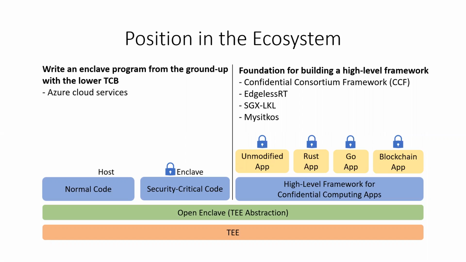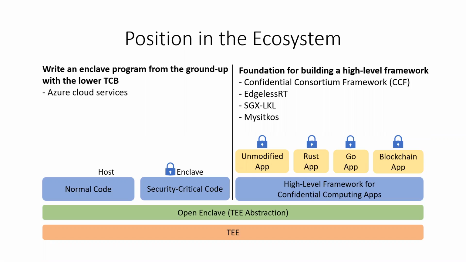We currently support several high-level frameworks built on top of OE, including the Confidential Consortium Framework, Edgeless RT for supporting Go applications, and also SGX LKL and Mystikos, which take a libOS-like approach to support unmodified applications. So Open Enclave also enables that direction.